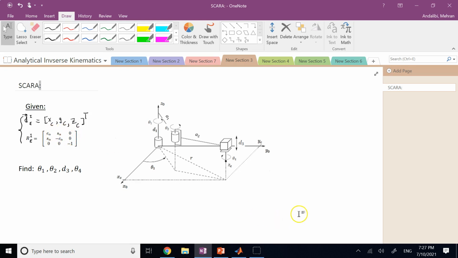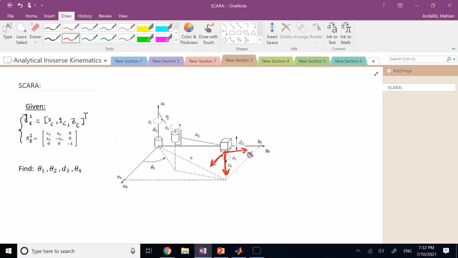The reason for it, if you remember from our previous videos, was the fact that when we did the DH convention, the end effector frame that we had was like this. The z was down like that, and x was like this to the right, and y was like that.